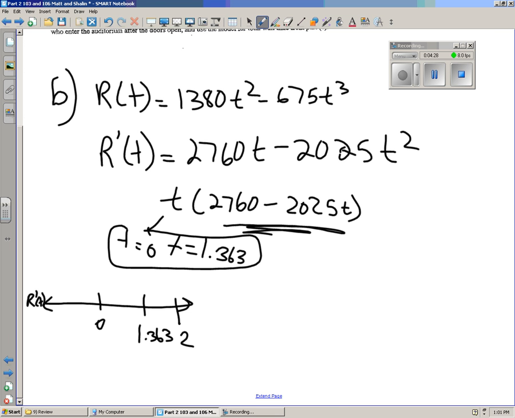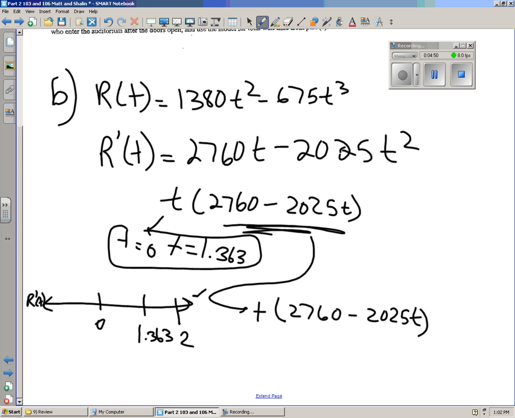And then you have to evaluate r prime of t, which is t times (2760 minus 2025 t).